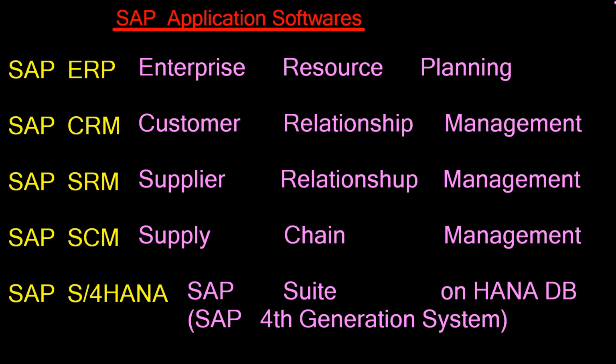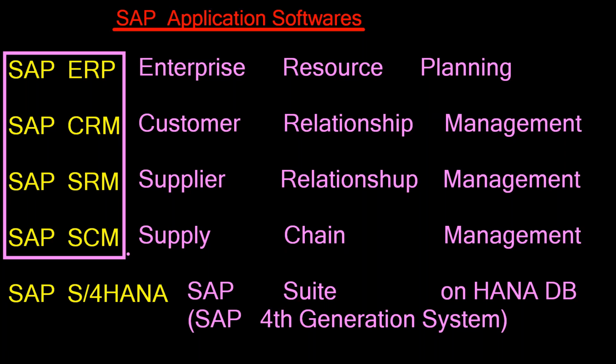Suite means all these applications we can install on the HANA database. This is what we call a suite: a combination of SAP ERP, SAP CRM, SAP SRM, SAP SCM. All these application softwares we call SAP suite. Suite on HANA DB, meaning a combination of ERP, CRM, SRM, SCM.